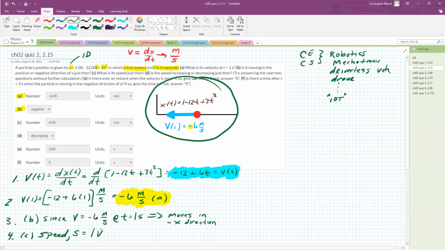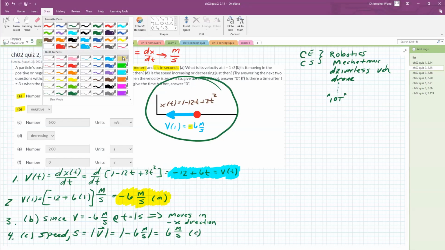It's basically the magnitude of the velocity, or just the absolute value of it. Absolute value or magnitude, it kind of means the same thing. So the question is, what is the absolute value of -6 meters per second? And that answer is not -6 meters per second, but +6 meters per second. So that's the answer to C.